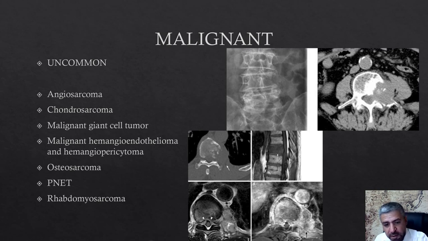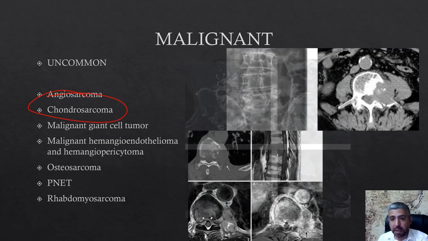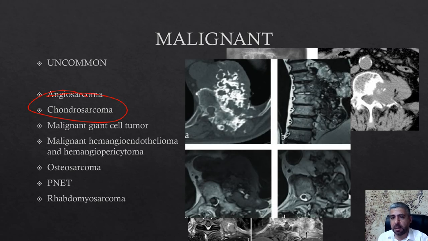One of the sarcomas that usually has some characteristic features is chondrosarcoma. Chondro is sarcoma of the cartilage, so it has the features of the cartilage, like this arc and dot calcific foci, and of course there is a large soft tissue component, and it's destructive in nature.